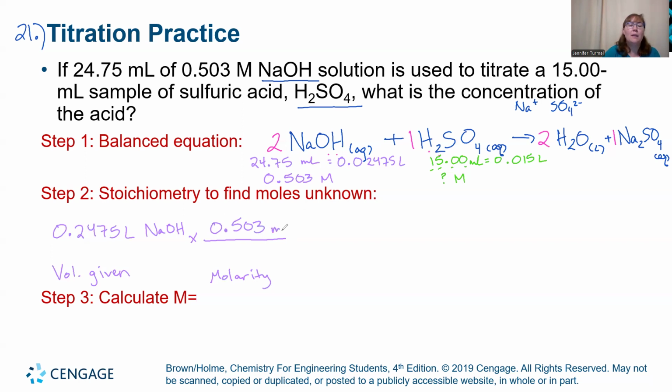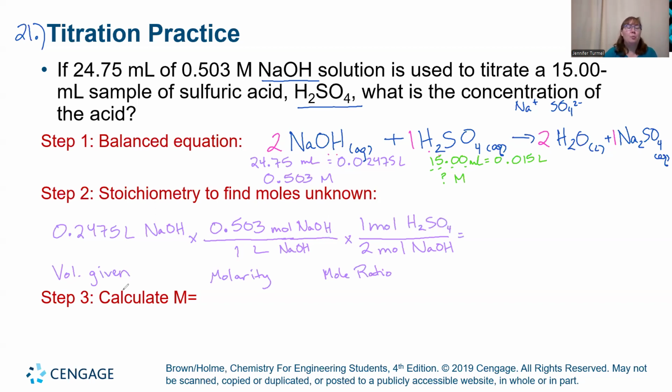And remember, molar means moles per liter. That's what allows us to cancel out those liters. Now in the next piece, we need a mole ratio. And hang on, I forgot a very important thing again, and that is to include all of my units. That's mole sodium hydroxide per liter sodium hydroxide, there we go. And then my mole ratio is going to be 2 moles of NaOH on the bottom and 1 mole of sulfuric acid on the top.